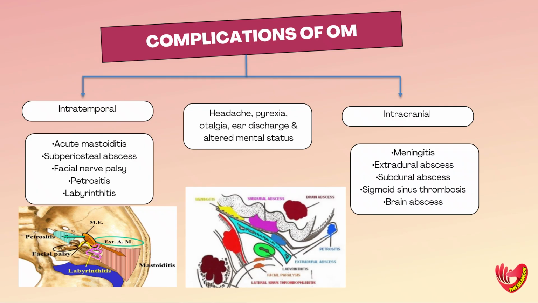In severe cases, patients may develop complications of OM, especially those with symptoms like headache, pyrexia, otalgia, ear discharge, and altered mental status. These complications may be either intratemporal or intracranial, such as meningitis, sigmoid sinus thrombosis, or brain abscess.